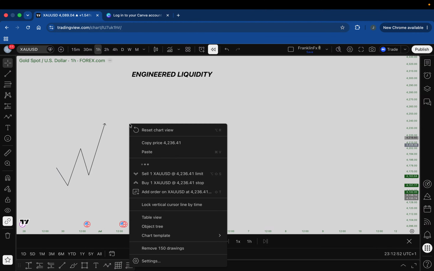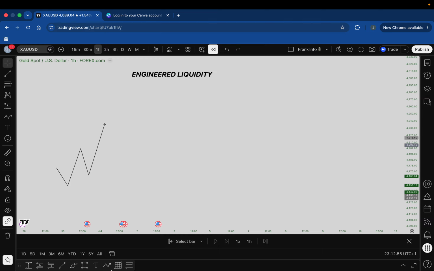Let's say, for example, there is a POI somewhere around here. And then our expectation is for the market to come all the way back down to this particular point of interest, touch it, and go back up.